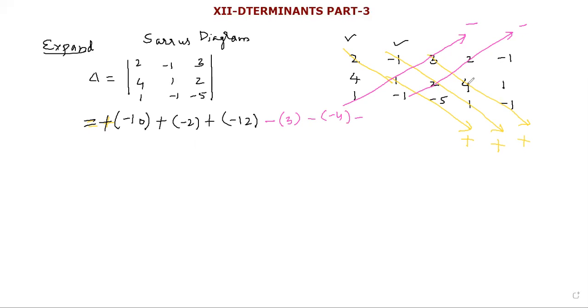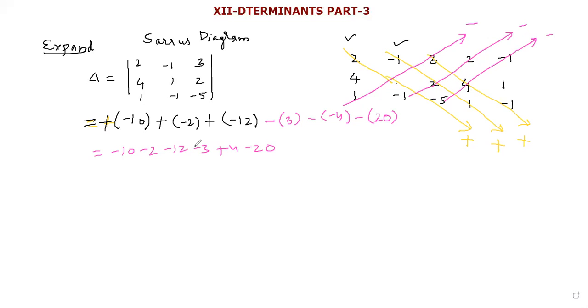Then take minus sign and these three numbers will be multiplied together. So here we are getting minus 2 times, so minus into minus is plus, 5 fours are 20. And solve it, we get the answer. So like this: minus 10, minus 2, minus 12, minus 3, plus 4, and minus 20.